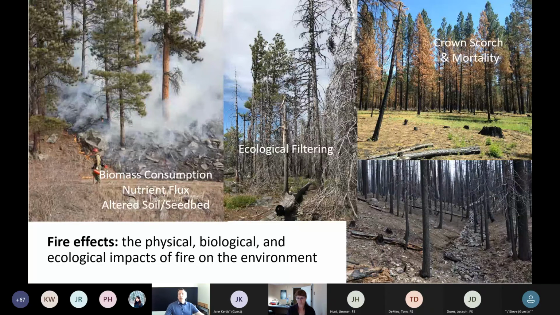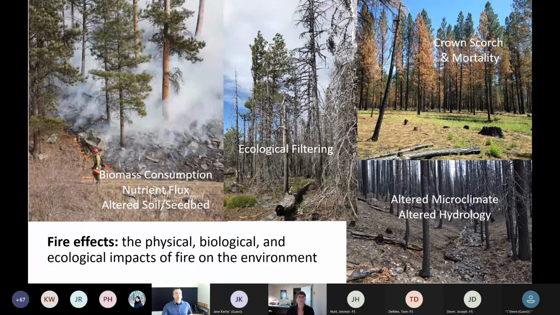It includes things like crown scorch, foliage that's killed by rising hot gases during a fire, as well as tree mortality, or vegetation mortality in general, which we might use to describe fire severity. In addition, there are altered microclimates that impact successional dynamics after the fire, as a result of tree mortality, changes in soil conditions and so on.